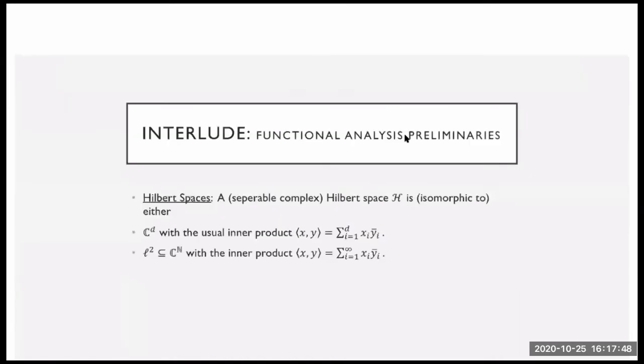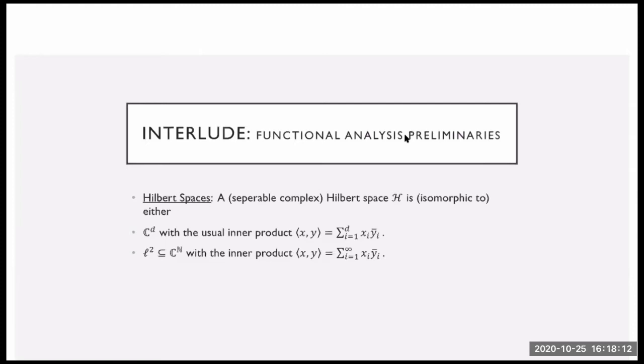And to achieve that goal, I need to give you some preliminaries on functional analysis. These are very basic things. If you're not familiar with them, this is okay. I will explain everything, but really this is basic stuff.